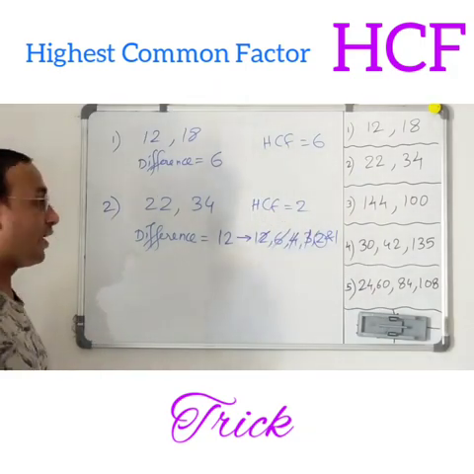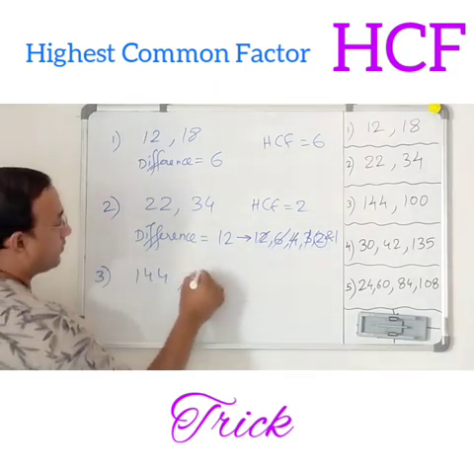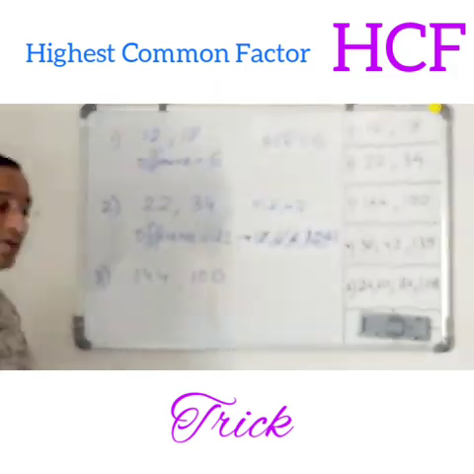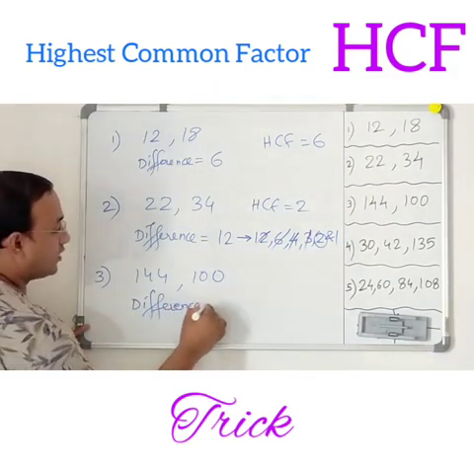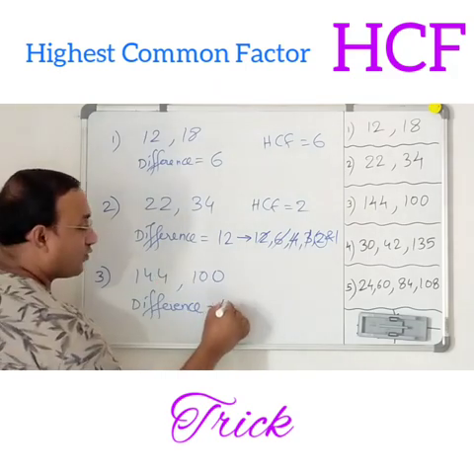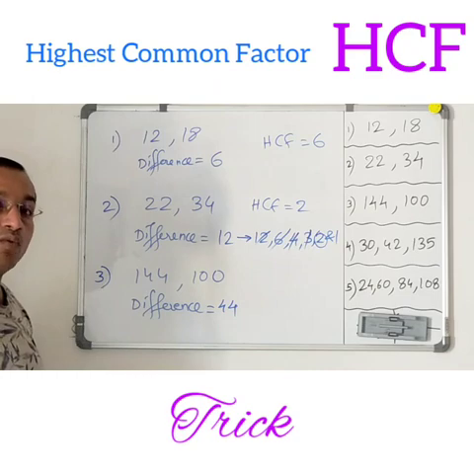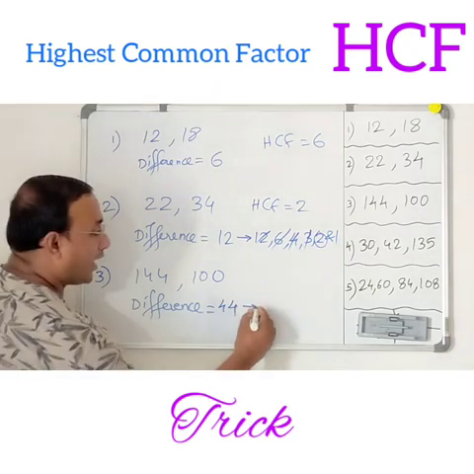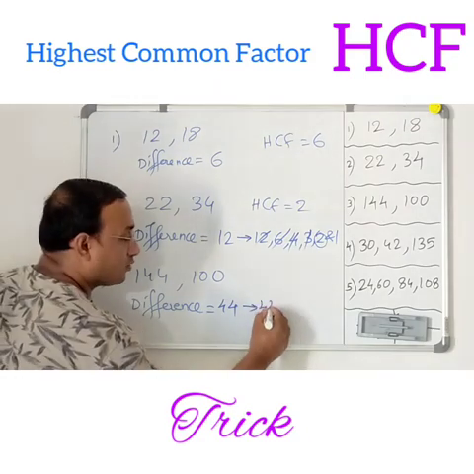Okay friends? Next, let us go with one more example, that is 144 and 100. So what to do first friends? Let's find the difference first. 144 minus 100 is 44. Next, does 44 divide these two friends? No. Then what to do? Take the factors of this in descending order, that is big to small.